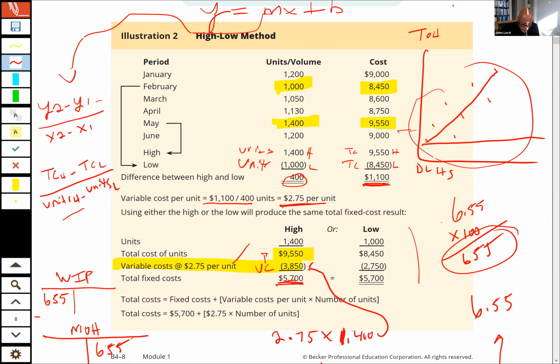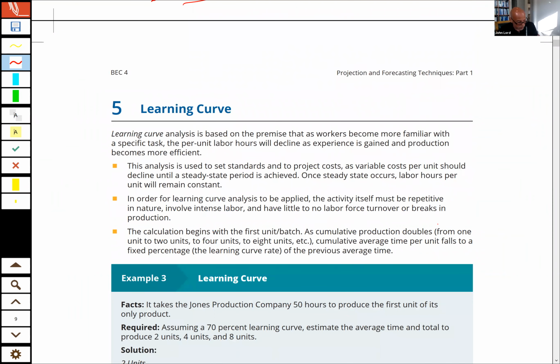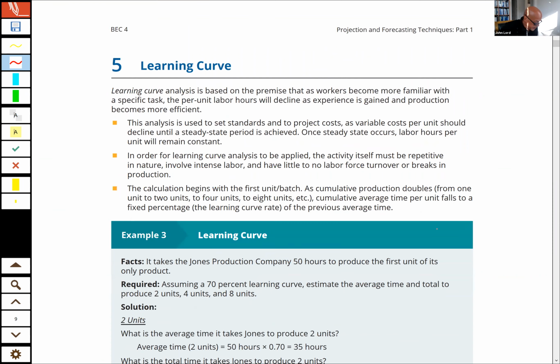Okay. All right, let's talk about learning curve. And when we look at learning curve, basically what we see is as we gain more experience with a particular process, we actually become better at doing that process, and therefore the cost of units as we produce more, or the amount of time, I should say, the cost.